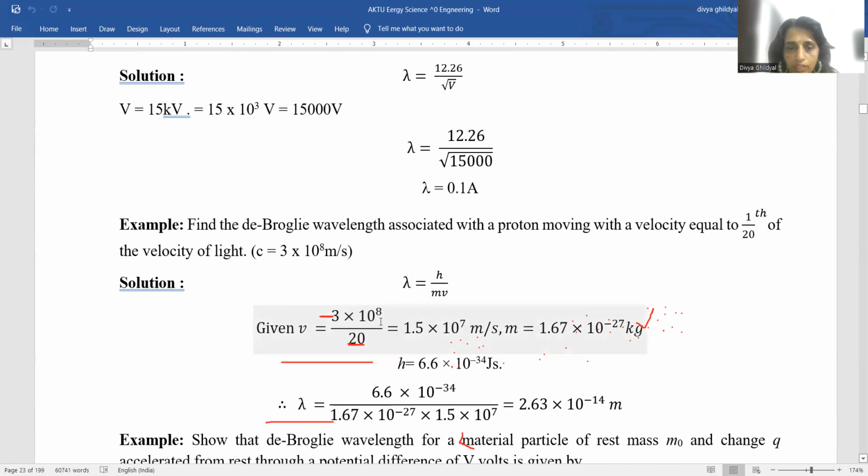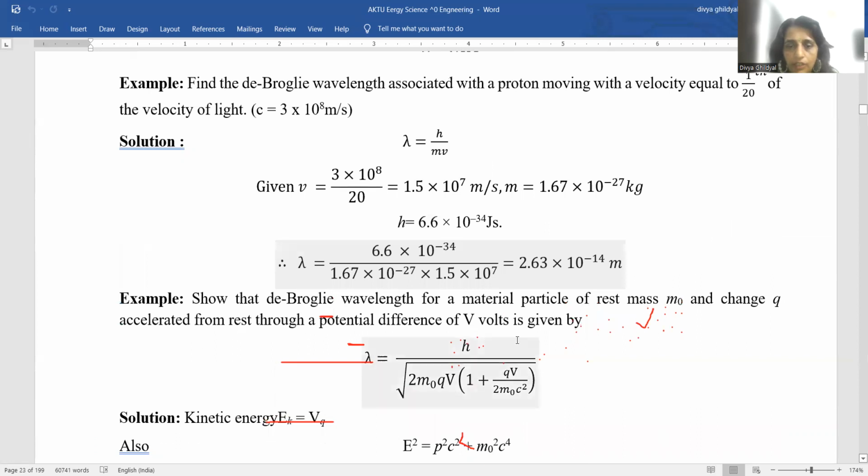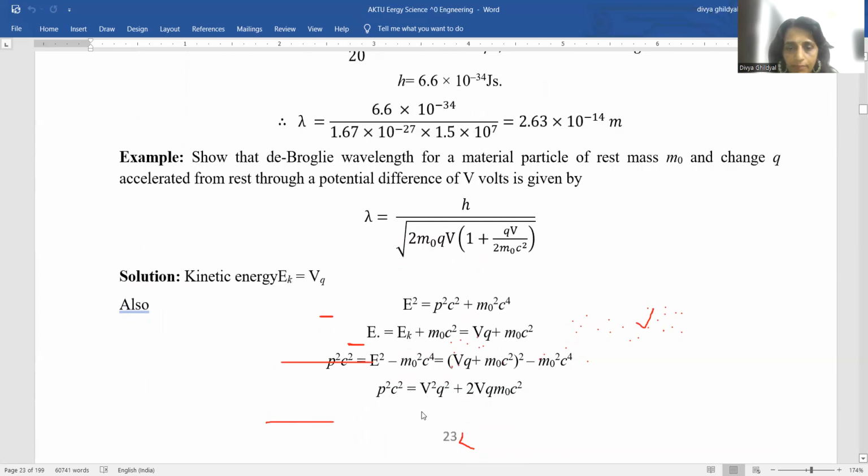So 3 into 10 to the power of 8 upon 20. M, I have been given proton's mass is 1.67 into 10 to the power of minus 27 kg. H, Planck's constant, is 6.6 into 10 to the power of minus 34 joule second. Putting these numerical values, I get the value for de Broglie wavelength lambda.